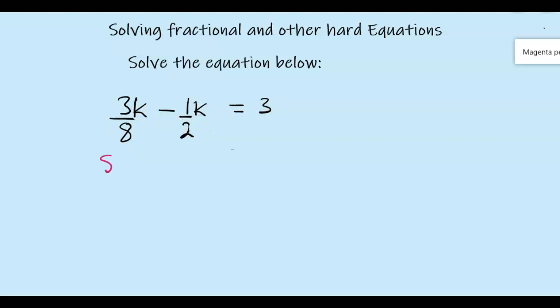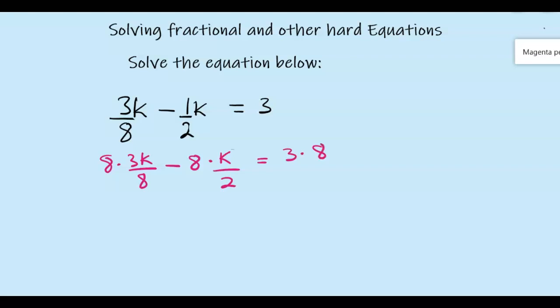So let's go. Multiply 8 times 3k over 8 minus another 8 times k over 2 equals 3 times 8.